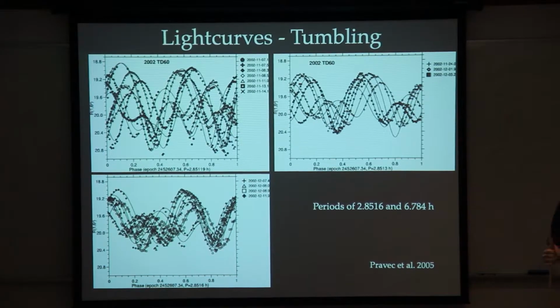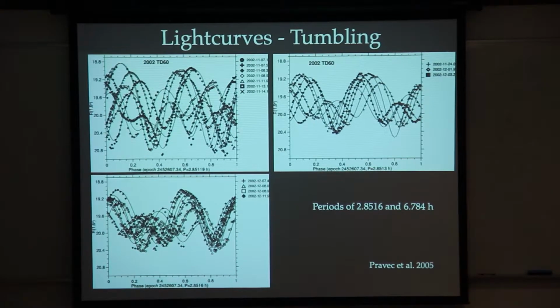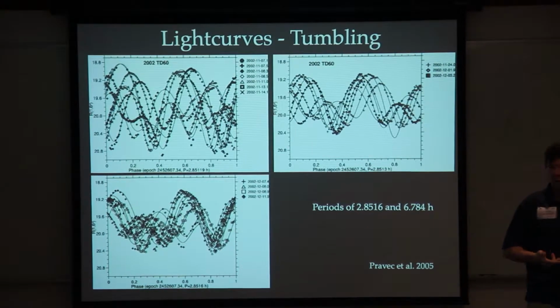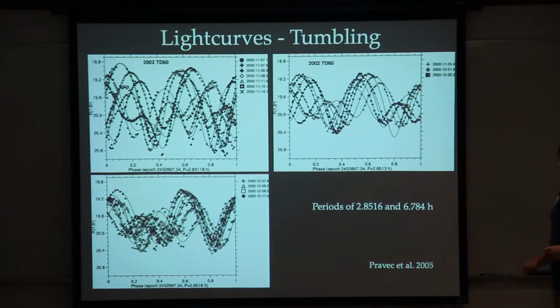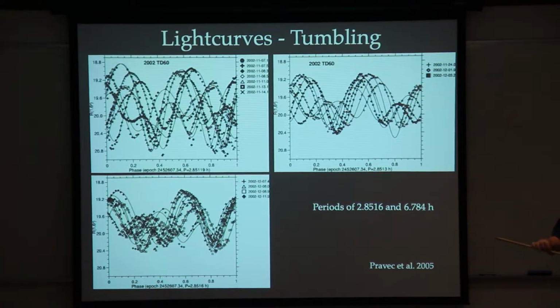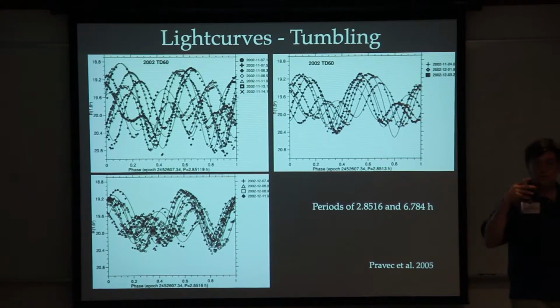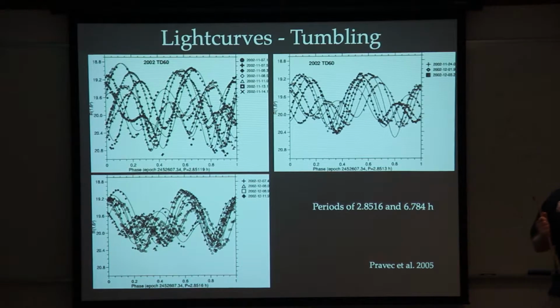And this can indicate an excited rotation state, something that had an impact on it relatively recently in its history that has added energy. Because we don't expect things like this to exist for the age of the solar system. Tumbling rotation at fast speeds isn't the most energy efficient configuration.